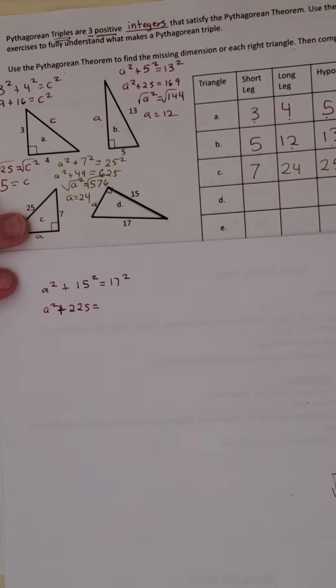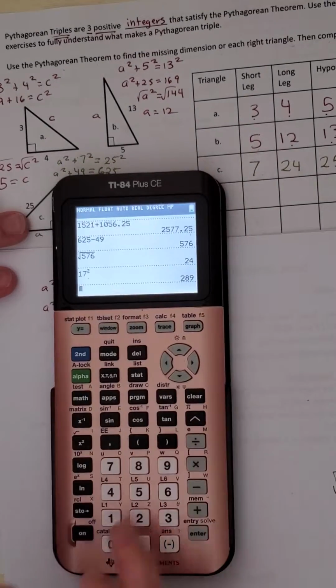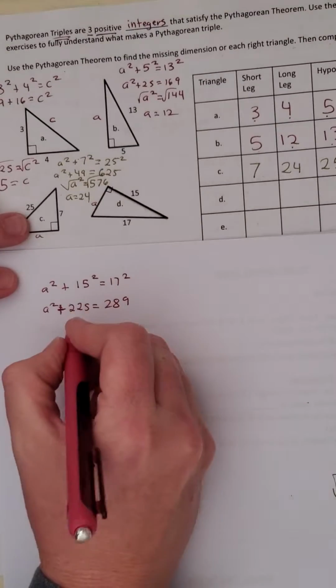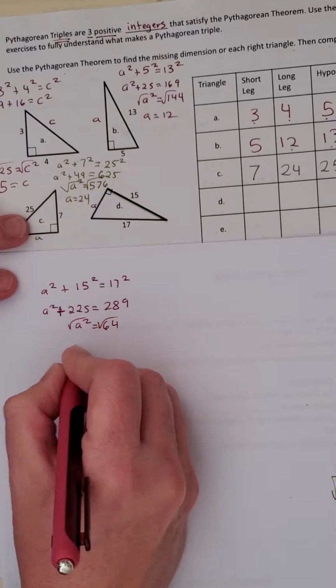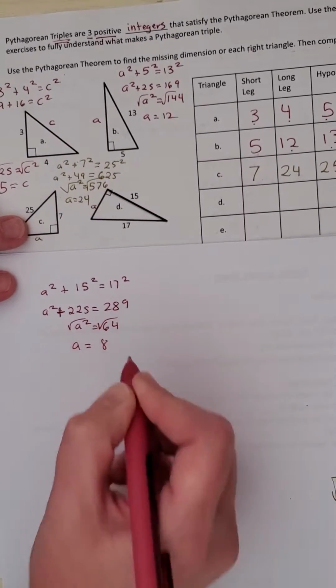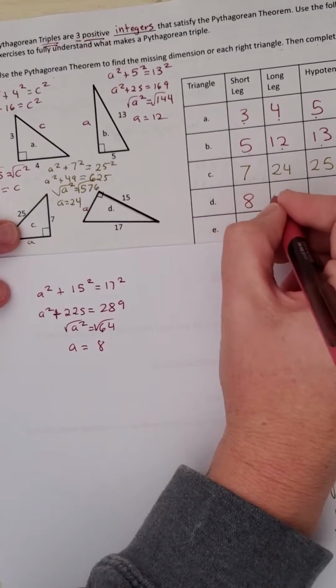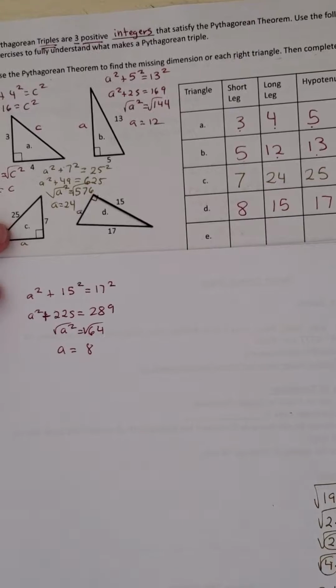Nope, 289. I was wrong. 289. And then I'll subtract 225, which gives me 64. So I have A squared equals 64. Square root both sides. I would get that A equals 8. And so my shortest leg would be 8. My longer leg would be 15. And my hypotenuse is 17.